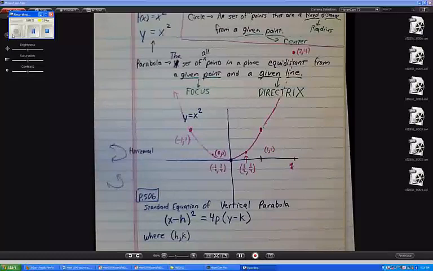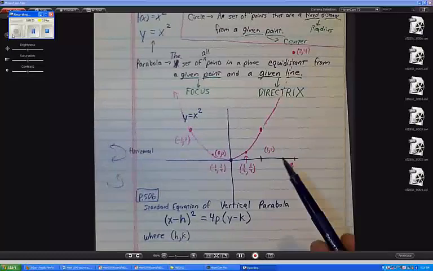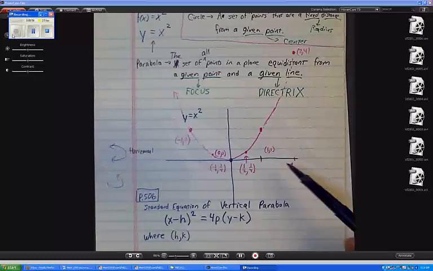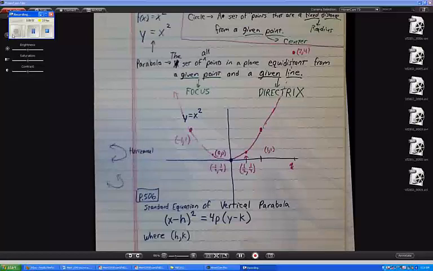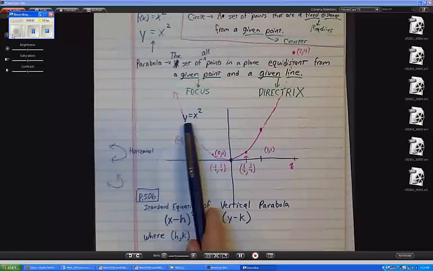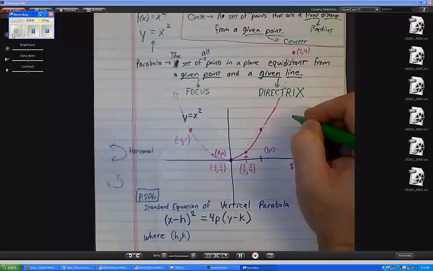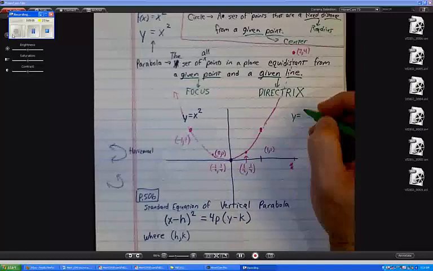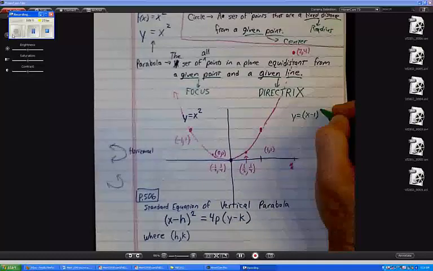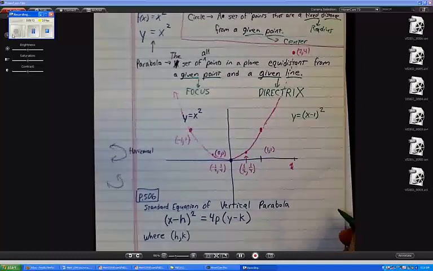For this example, this one in pink, y equals x squared, right? What's the vertex? 0, 0, right? And notice, what are h and k? 0, 0. And remember that if I were to graph, say, y equals (x minus 1) squared, do you know what that would look like?